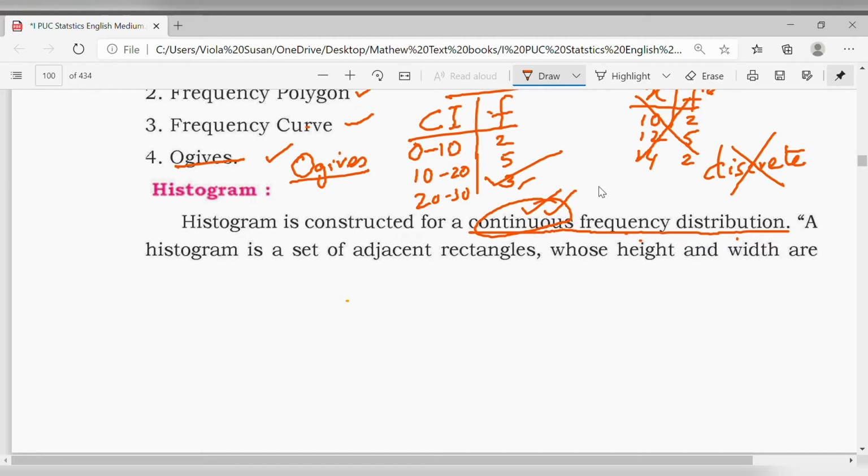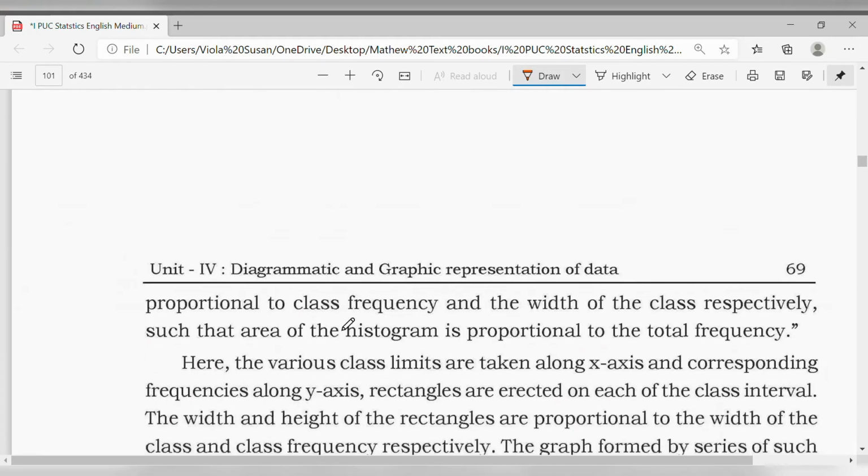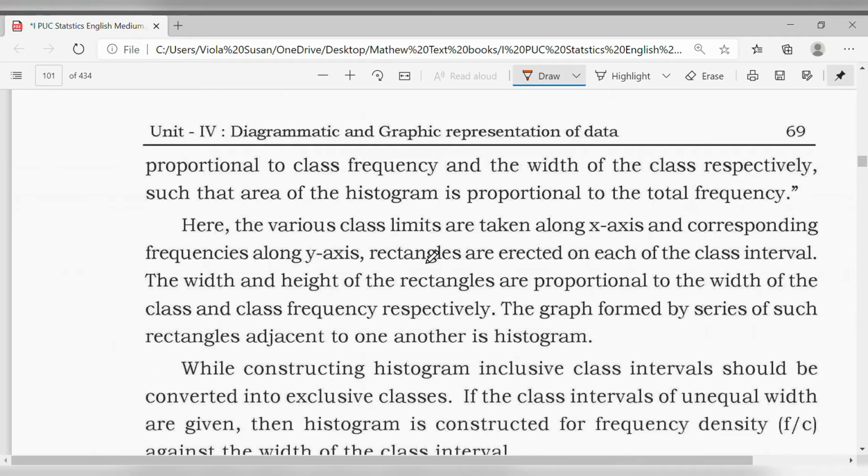Now what is the definition of it? A histogram is a set of adjacent rectangles whose height and width are proportional to class frequency and the width of the class respectively, such that the area of the histogram is proportional to the total frequency.